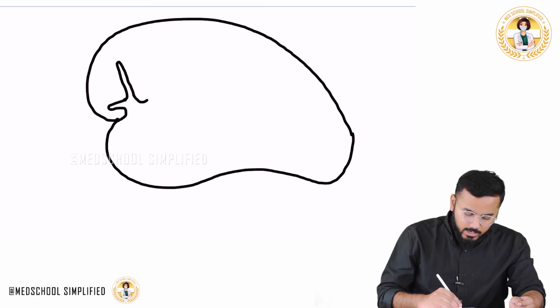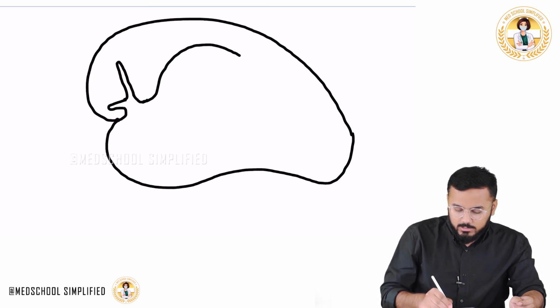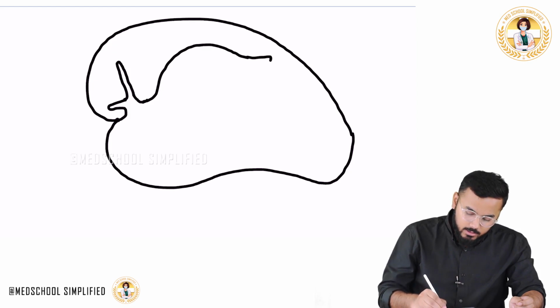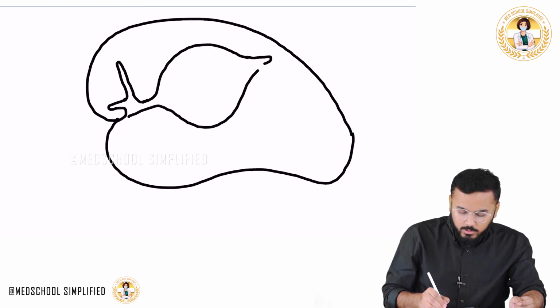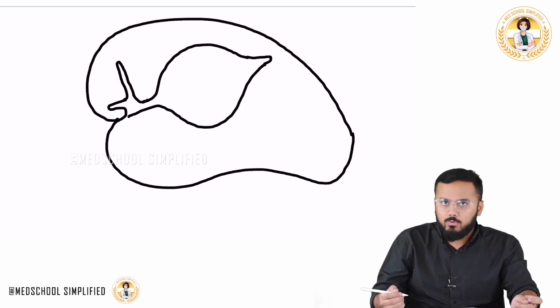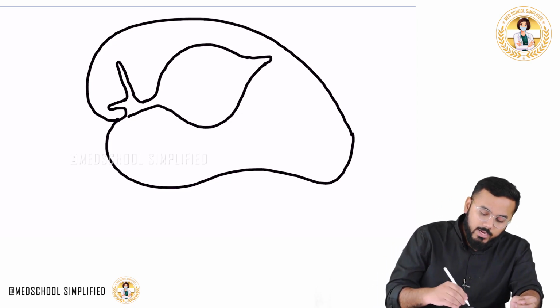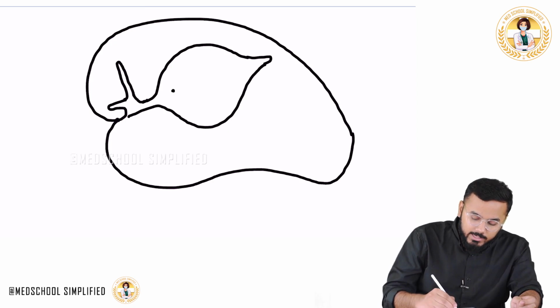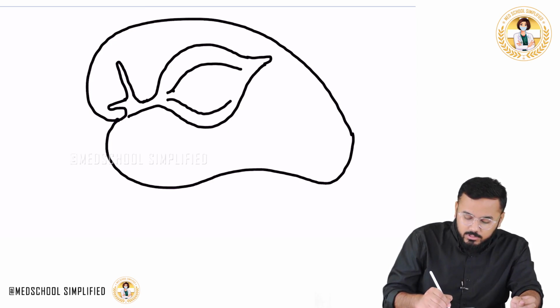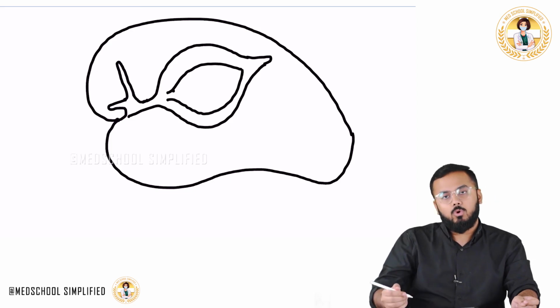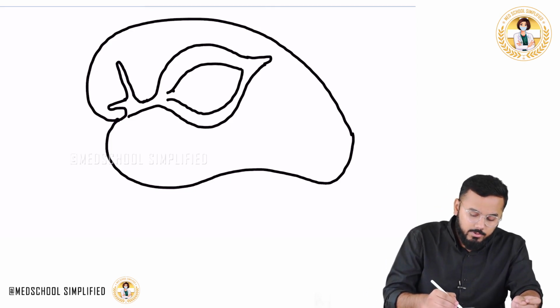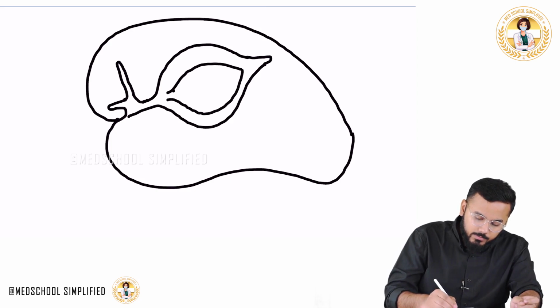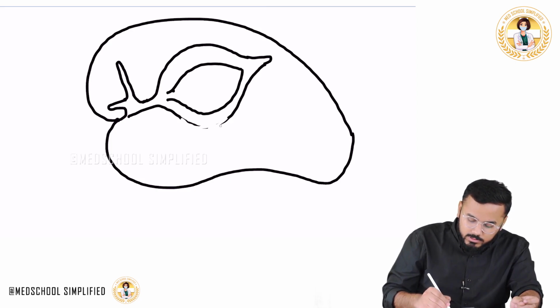I have stretched the two walls: the upper wall upward and the lower wall downward. When I stretch them back like that, inside here I will find a specific structure. This is called the floor.